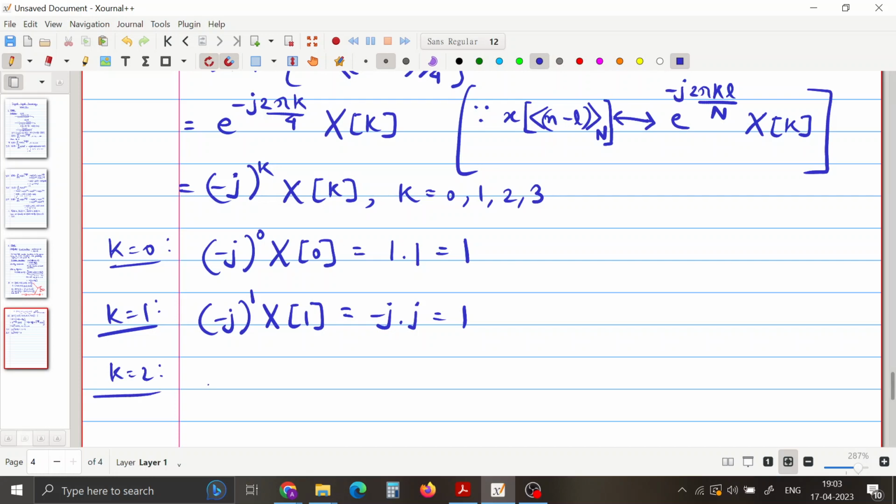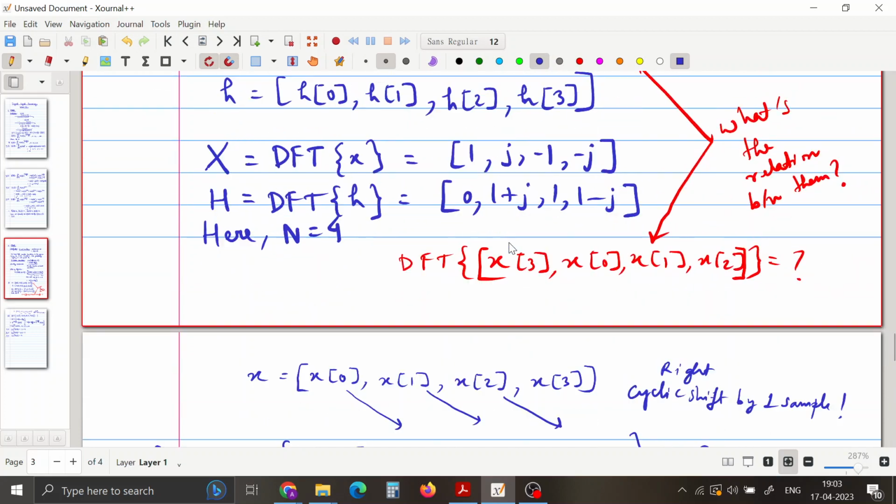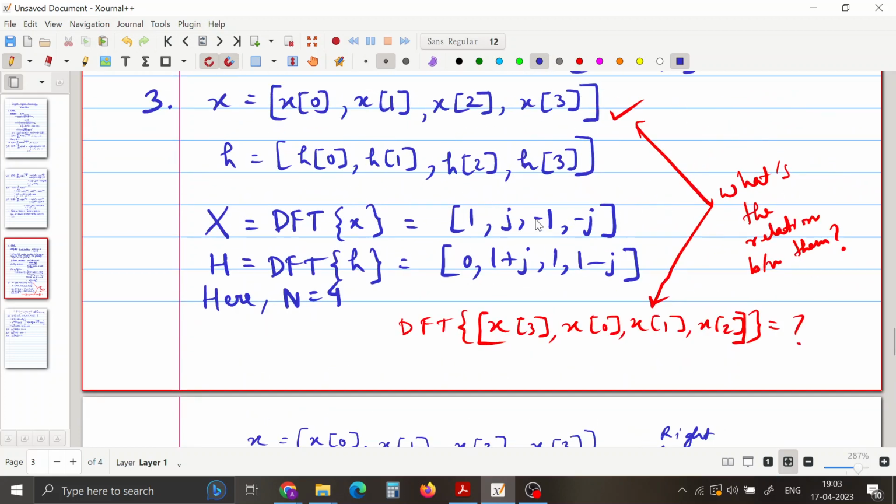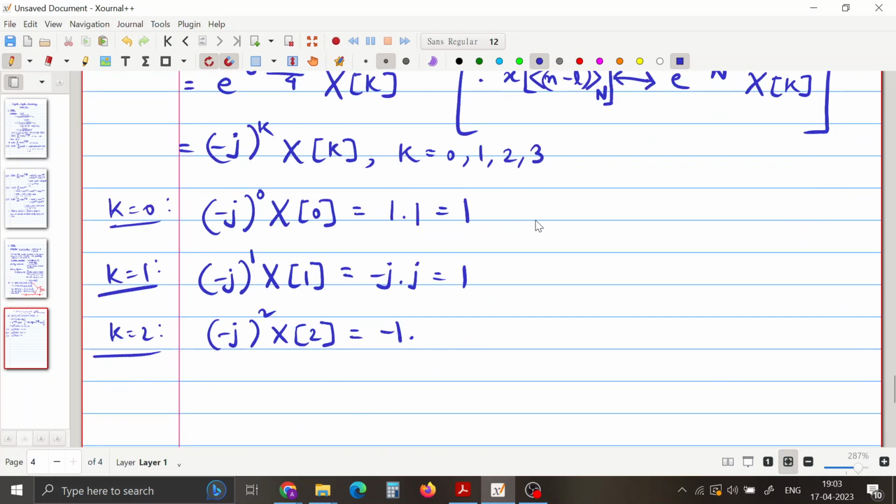Now for k equals 2, minus j to the power 2 is minus 1, times cap X of 2, the third element of the DFT, which is minus 1. So overall it is 1.